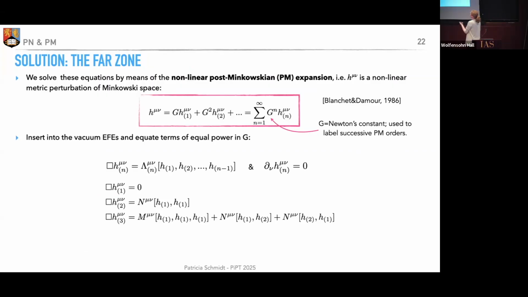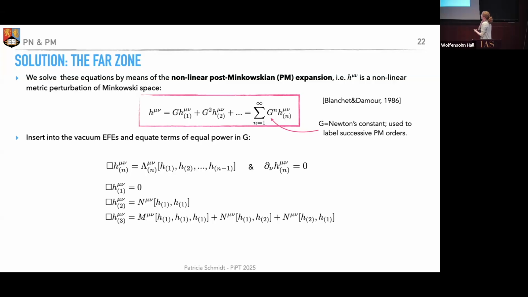And the general solution should then read as the sum over these perturbations, where in the bracket here, this denotes the order of the perturbation. And our bookkeeping parameter here is the gravitational constant G. There's a theorem that has been proven that this is your general solution to this equation that was shown on the previous slide.